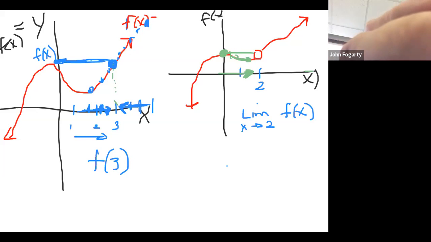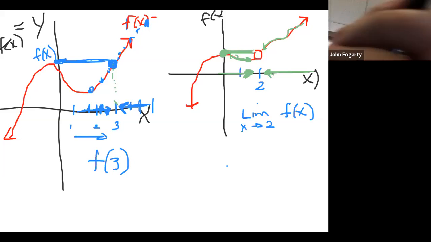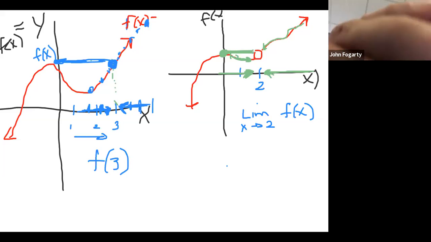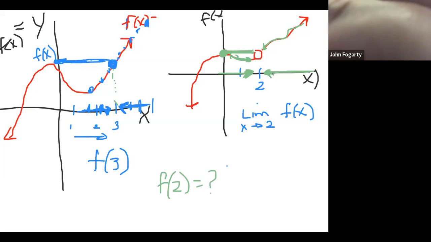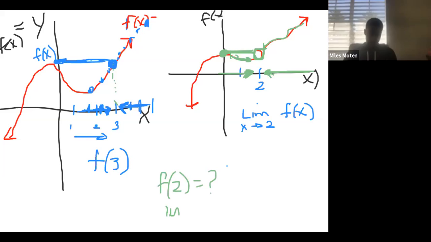But if I come from the right, as I get infinitely closer to 2, what value is my graph approaching? In this case, it's the same. Now, if I simply said to you, what is f of 2? Well, what do you know about f of 2 in this diagram? It's not there, it's removable.